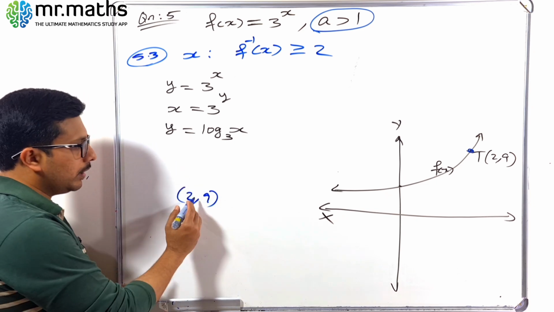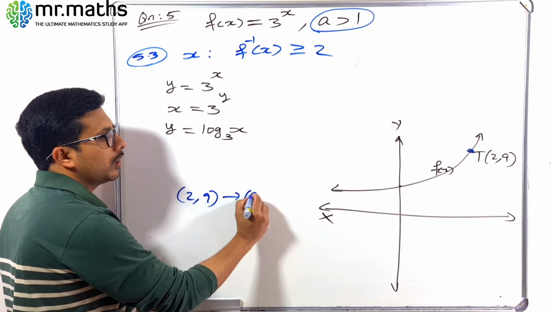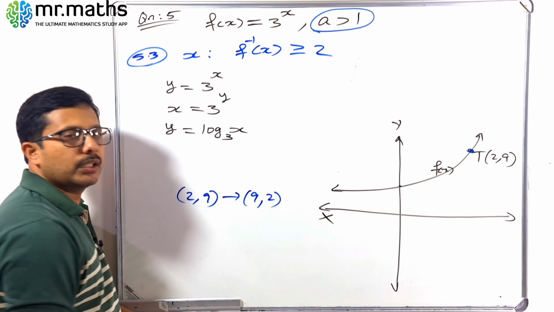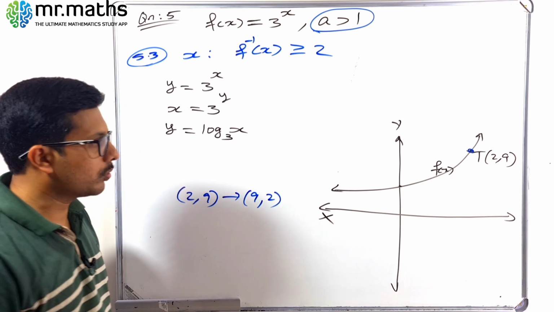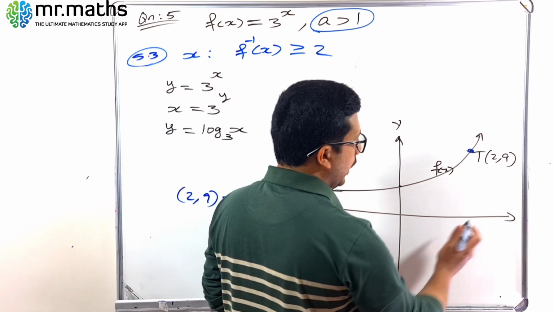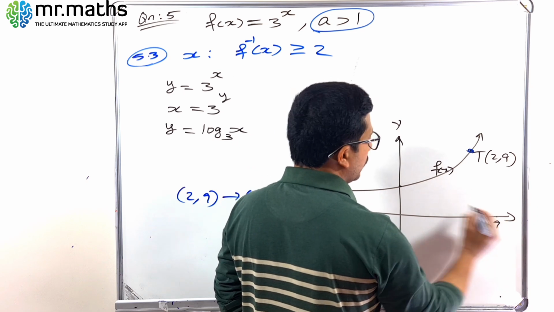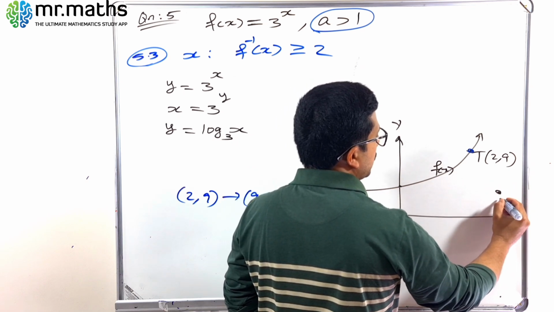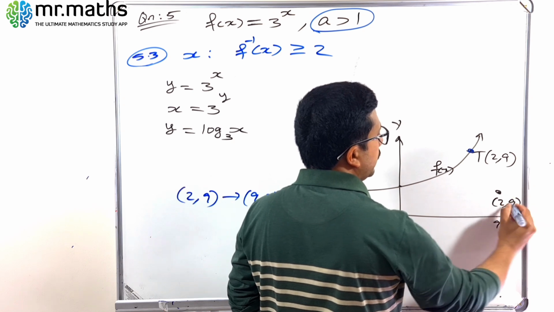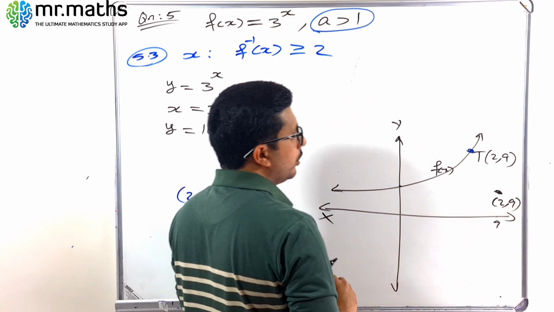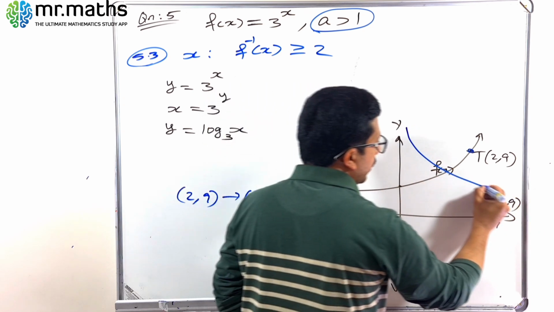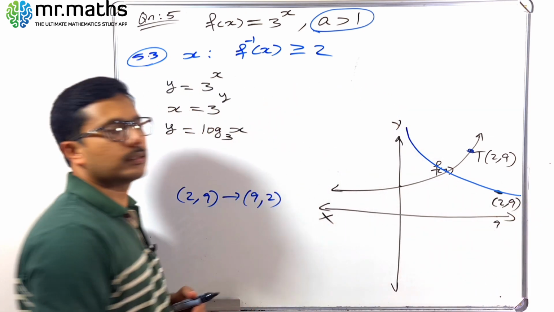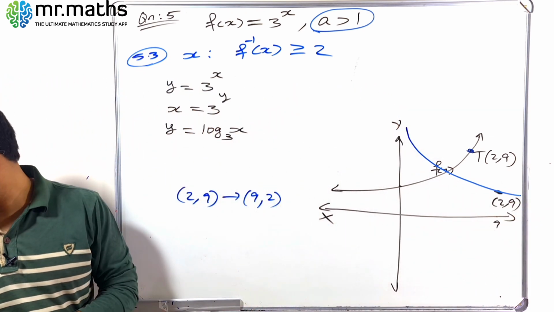That means 2 comma 9 becomes 9 comma 2. So the new f inverse of x graph is something like this.